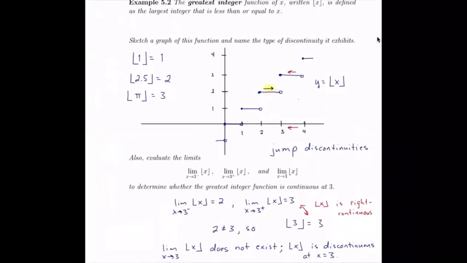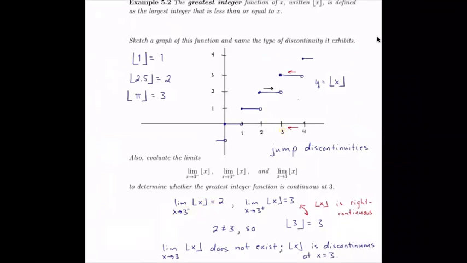That's what this little arrow is telling me. I'm moving along the x-axis down here. But these are values like 2.5, 2.7, 2.9, right? So the greatest integer that's less than or equal to 2.7, 2.9, all those numbers, is a 2. And we don't quite allow a 3 to be plugged in here because we're taking the limit as x approaches 3 from the left.